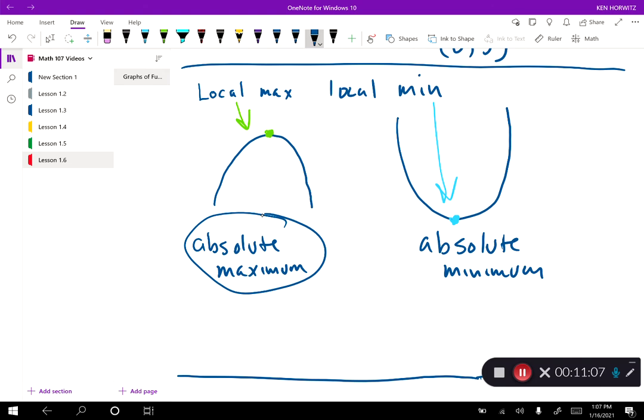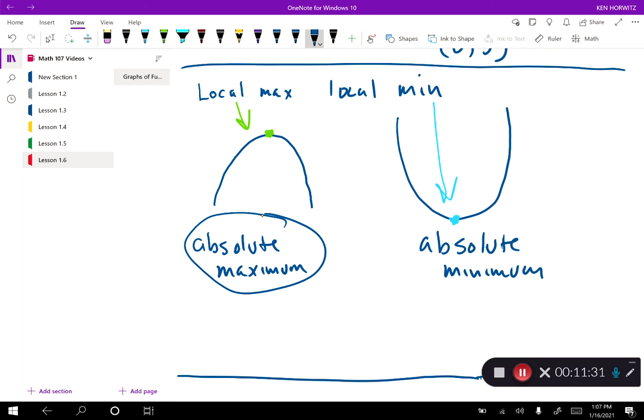So if there is a point where the function is going to go no higher, right? Not only would it be a local maximum, but that one particular spot would be an absolute maximum. Just like if there was an exact point where the function could go no lower, you not only would have a local minimum at that spot, but it would also be considered an absolute minimum.